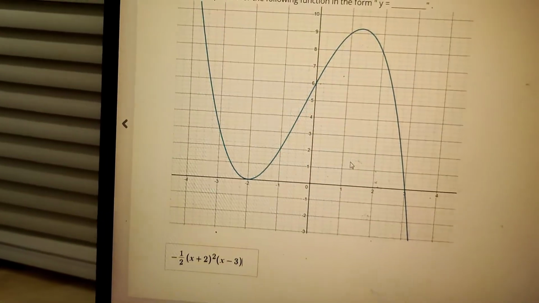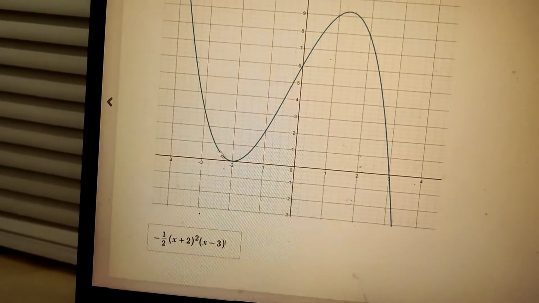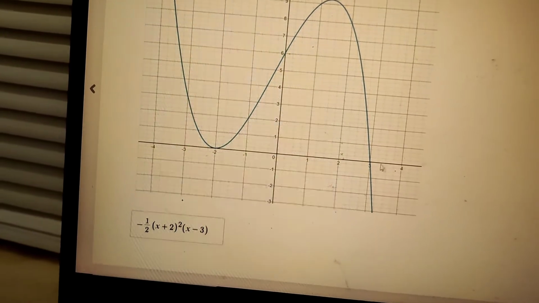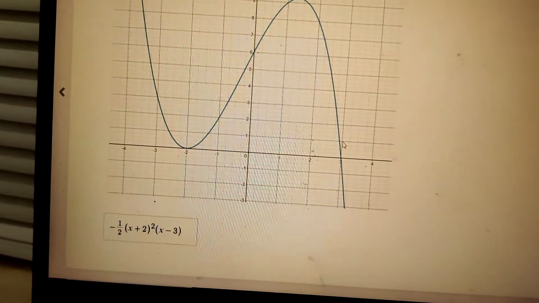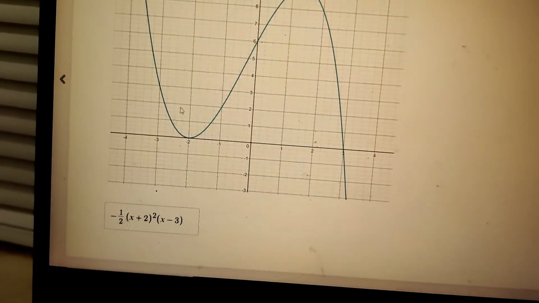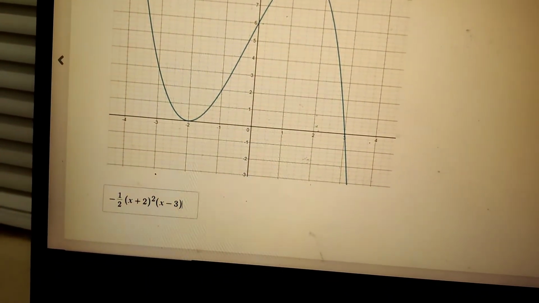Right? So again, guys, that's x plus 2 squared because of that solution, and x minus 3 not squared, just regular because of that solution where it crosses. And we solved for our coefficient in front, -1/2, by using that y-intercept right there.